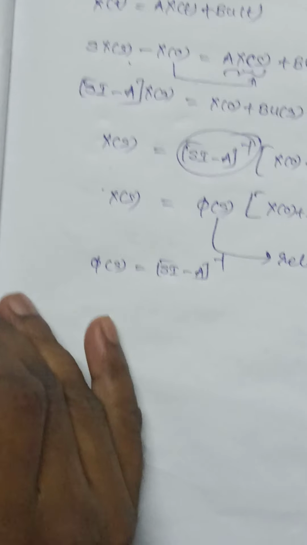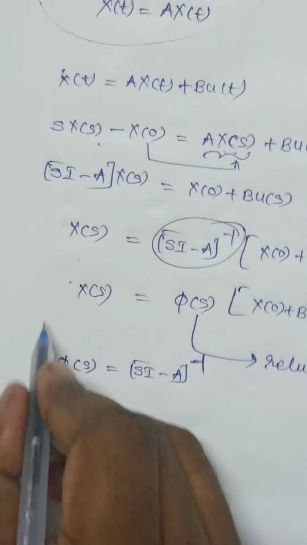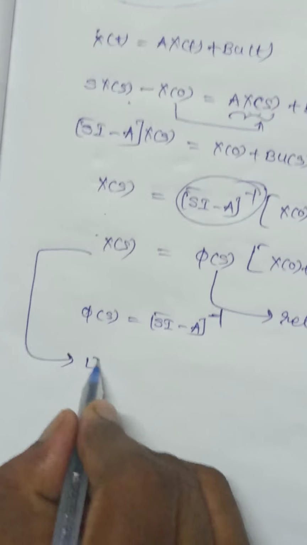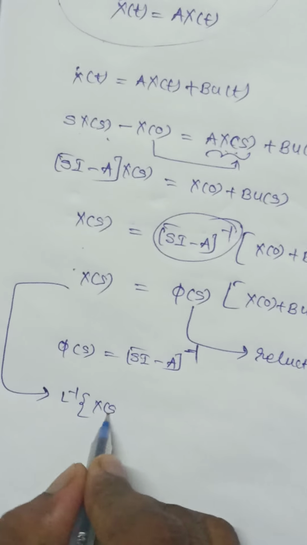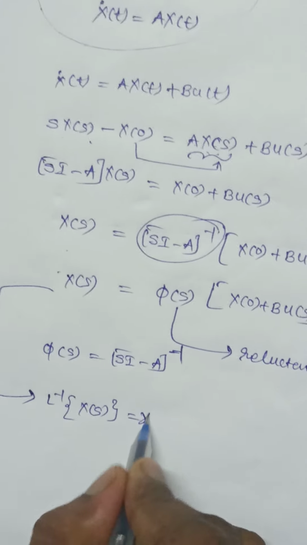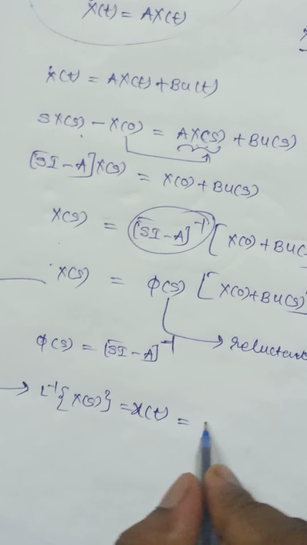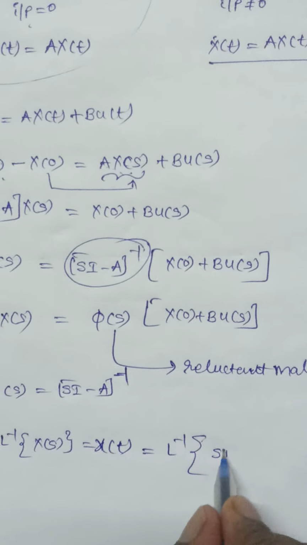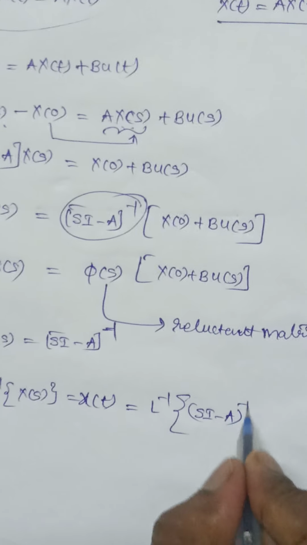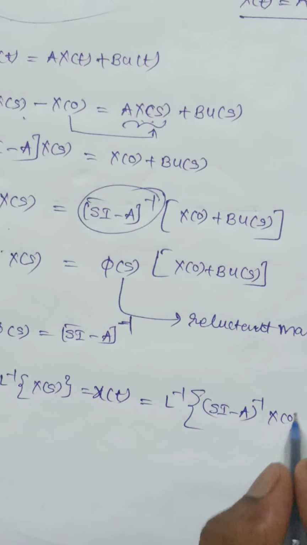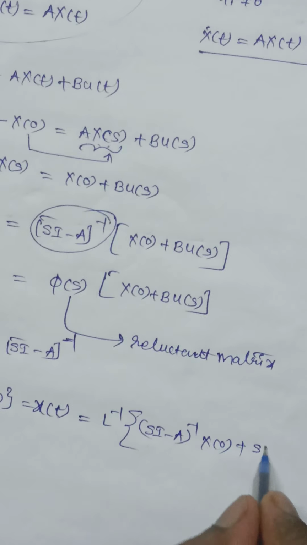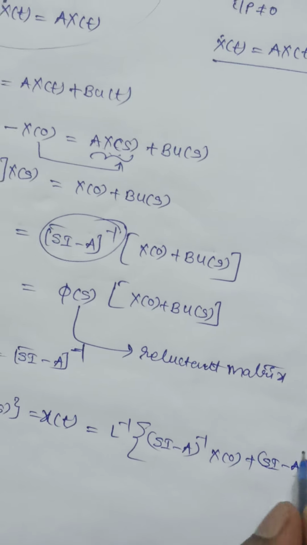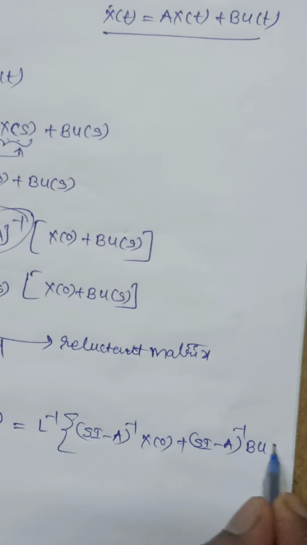Now if I apply the inverse Laplace transform for this, X of s gives x of t, which is equal to L inverse of (sI minus A) whole to the power of minus 1 into x of 0 plus (sI minus A) whole to the power of minus 1 into B U of s.